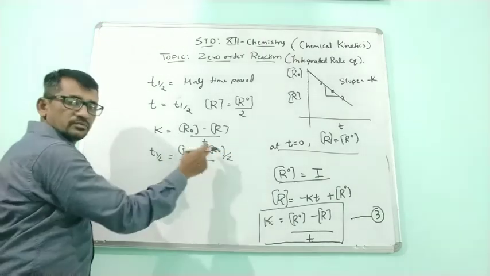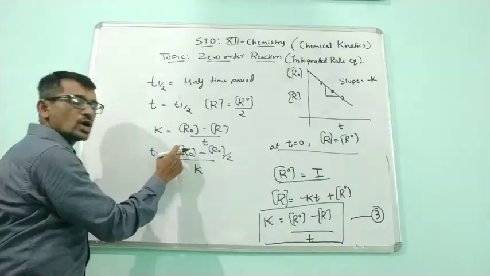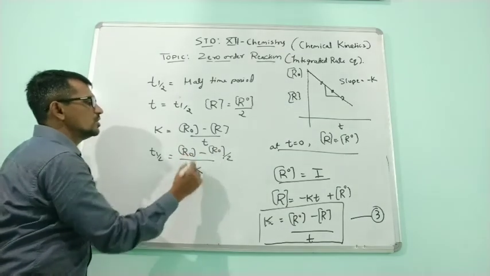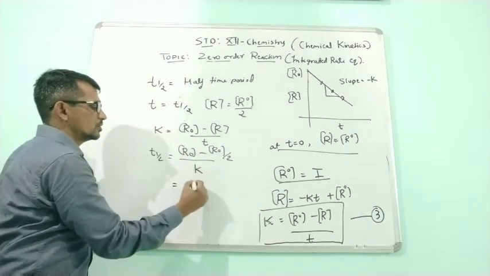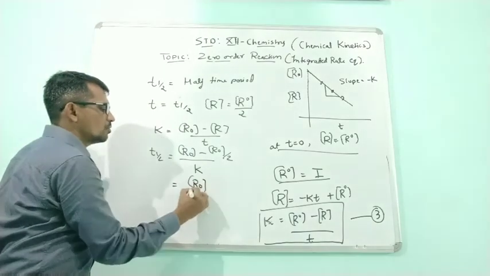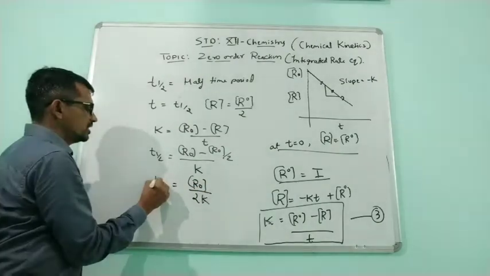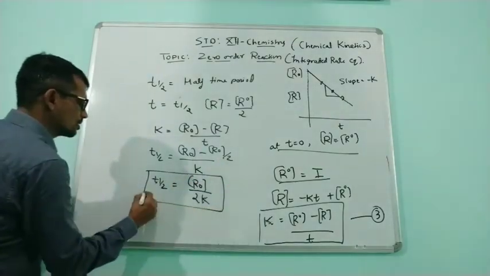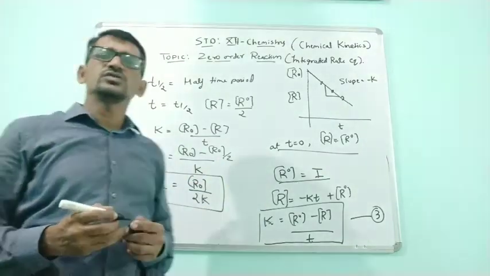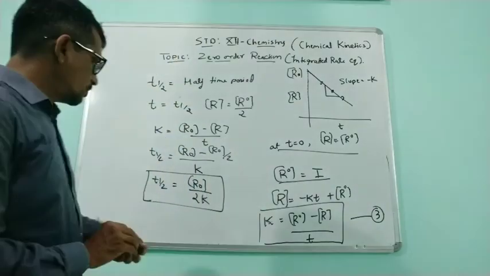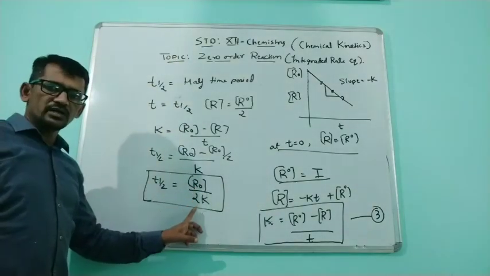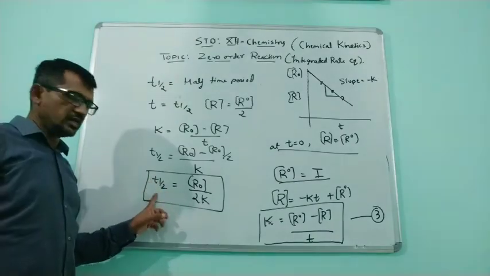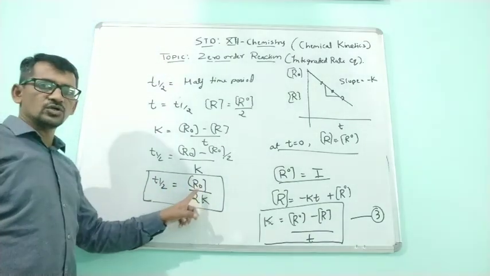Take the LCM, then it will come 2[R]0 minus [R]0 by 2, so this 2 will come down. So it is [R]0 by 2k. So t half for a zero order reaction is equal to [R]0 by 2k. Again I repeat, t half is equal to [R]0 by 2k.